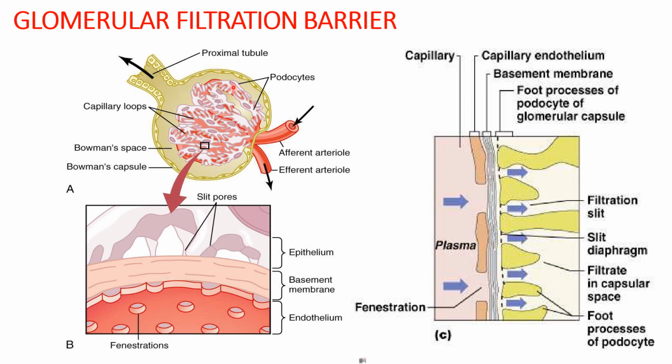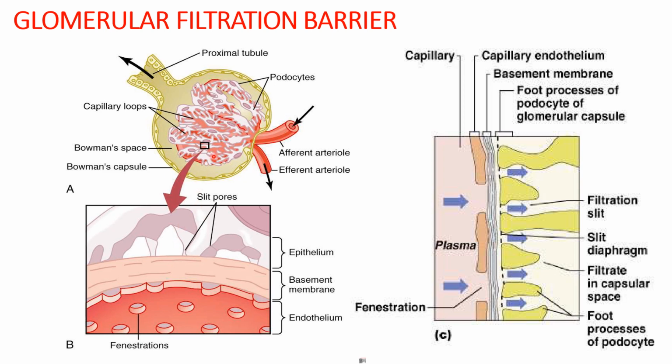You can see here these are the capillaries, the red colored ones, the afferent arteriole and efferent arteriole. They form many branches here, and again it comes out as the efferent arteriole. On the capillaries there are podocytes, and this is the proximal tubule. From the Bowman's capsule it continues like this.